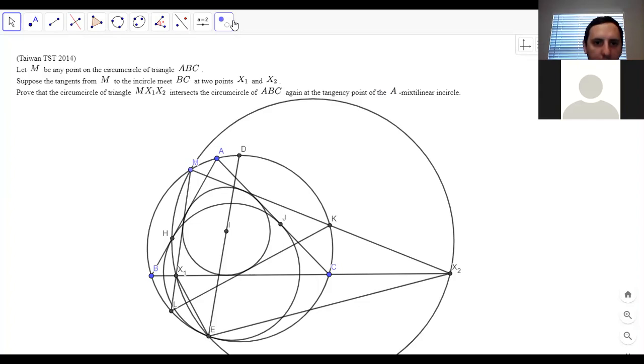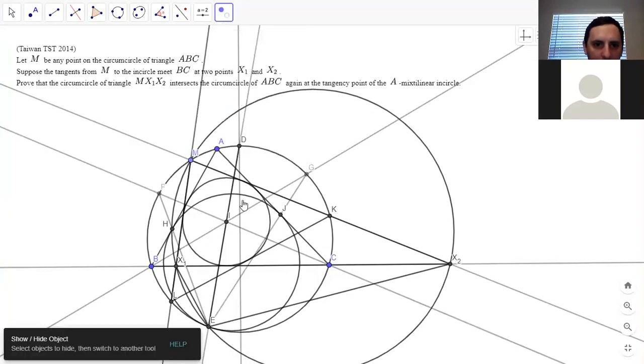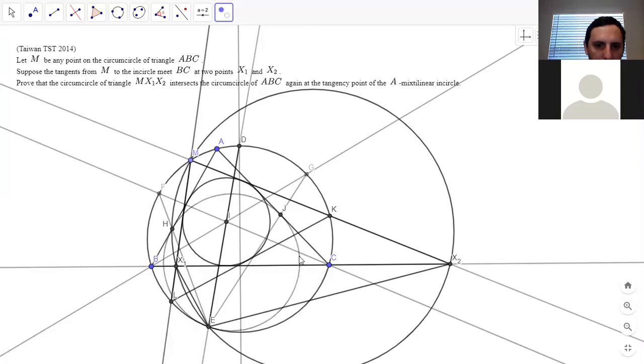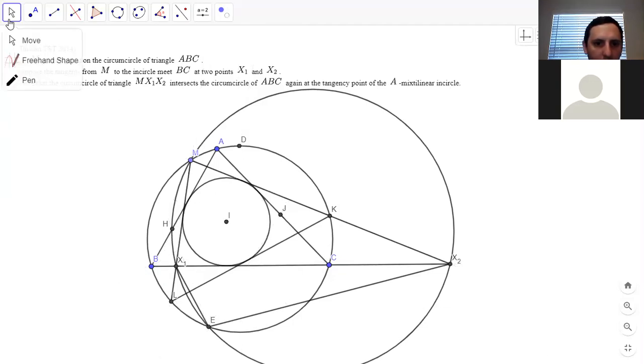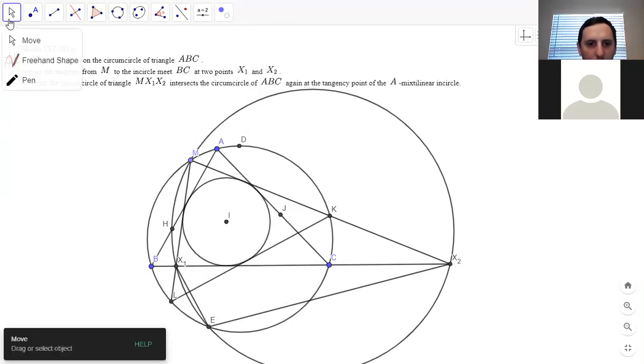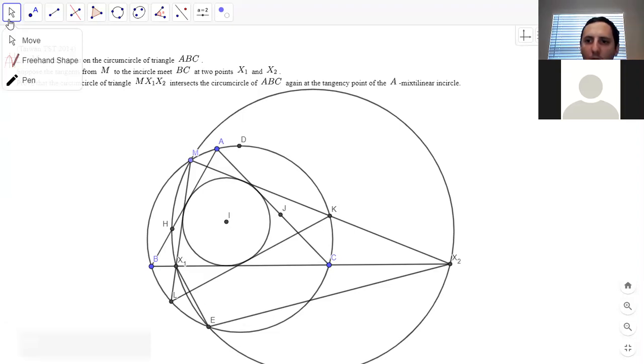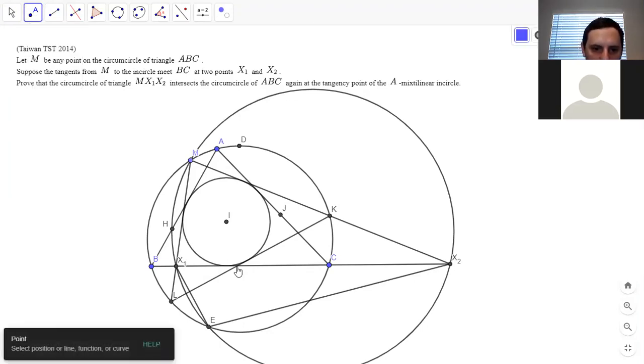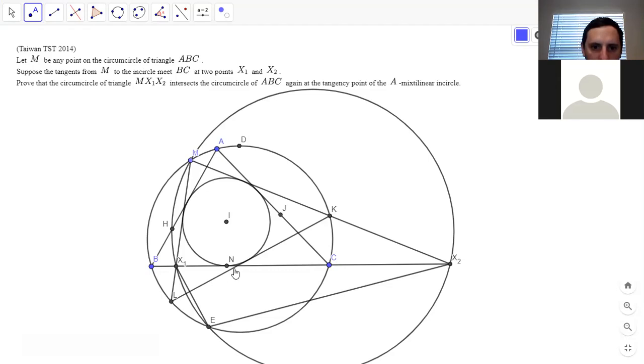All right, so let me hide the mixtilinear incircle for now. So we want to show then KL intersect BC.